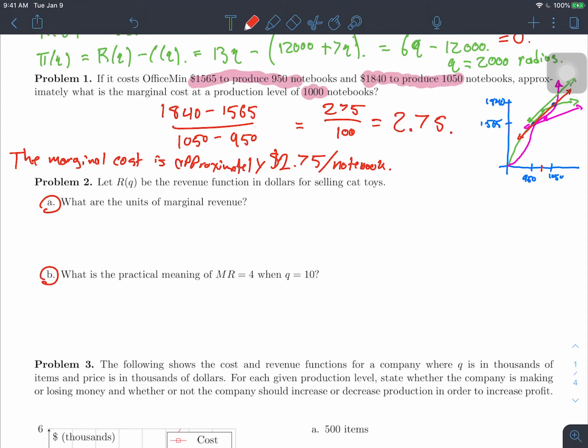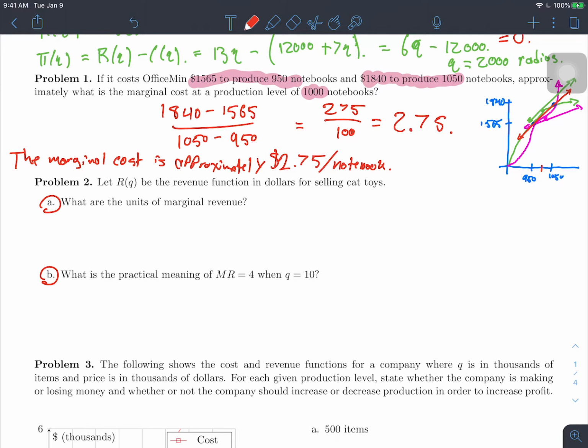Would anyone like a little more time on part B? Did anybody find part B challenging? I think part B is a little bit tough in terms of interpretation. I think some people found it a little bit tough.